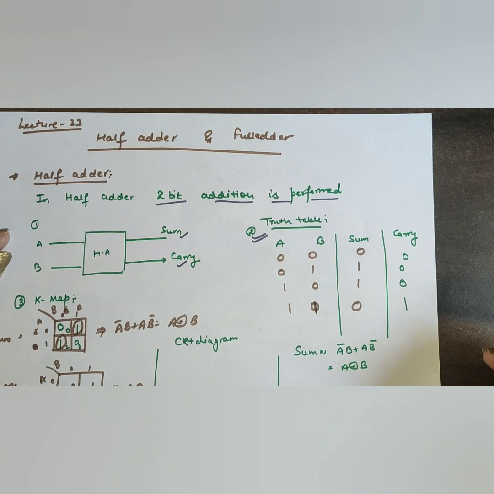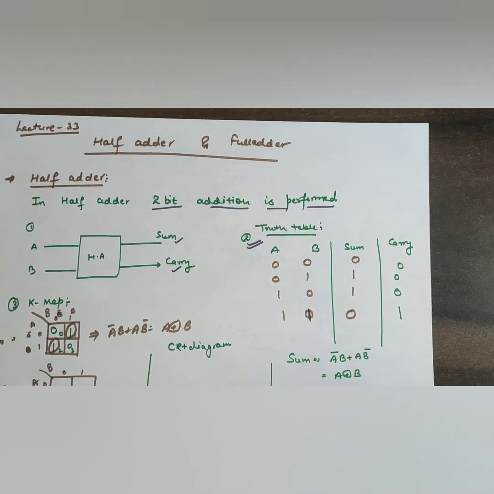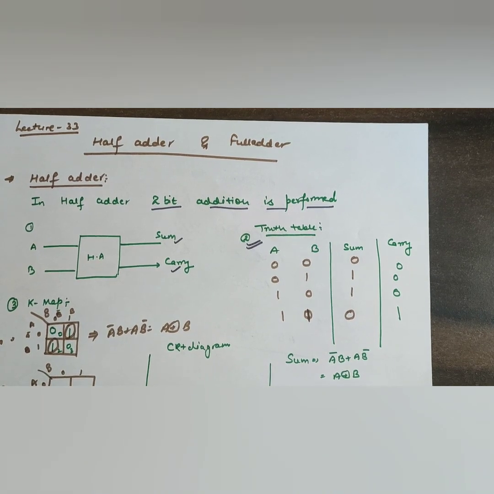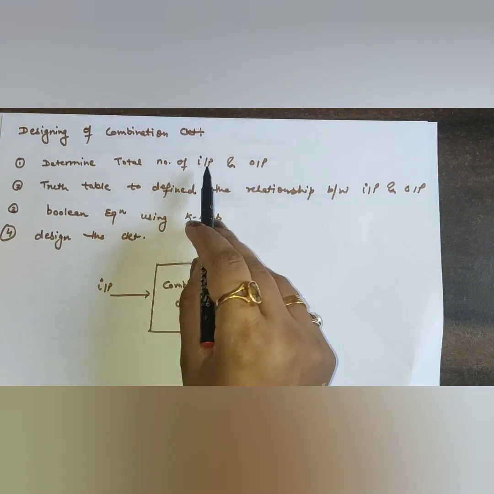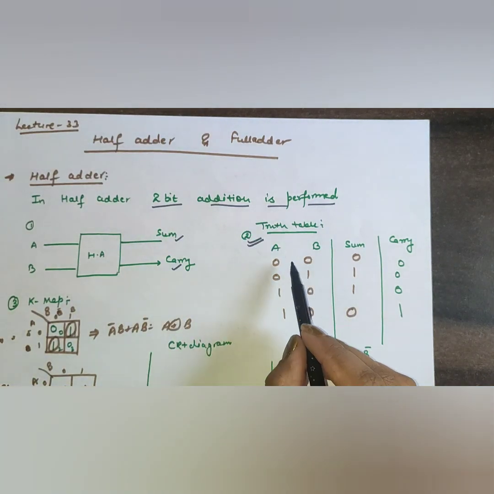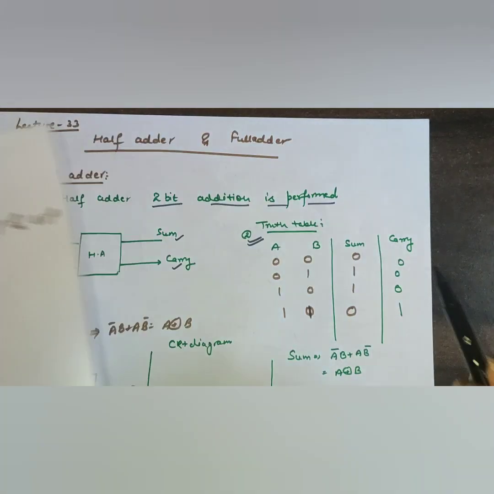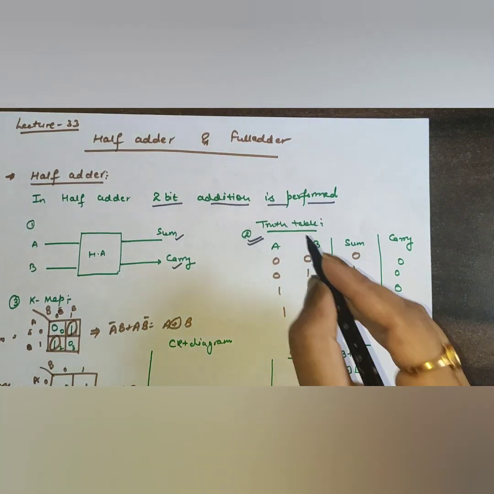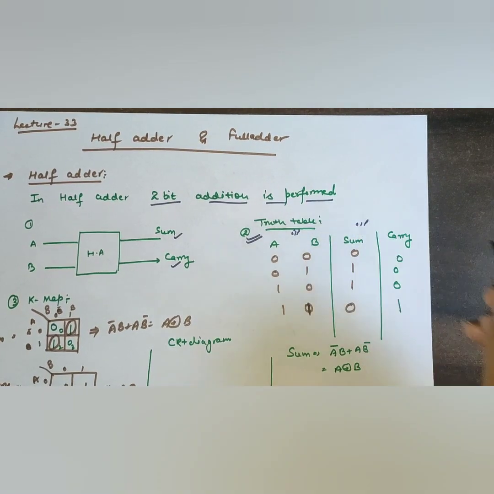In the previous lecture I explained how to design a combination circuit: determine the total number of inputs and total number of outputs. So here, for 2-bit addition, the total number of inputs is 2, A and B, and outputs are 2, one is sum and another is carry. So I can write here, this is input and this is output.